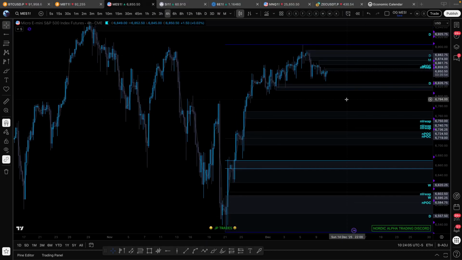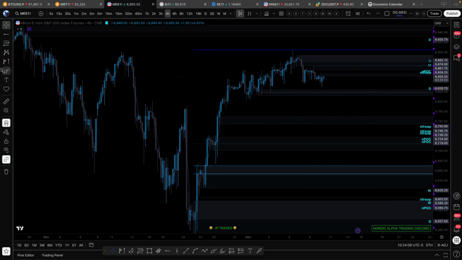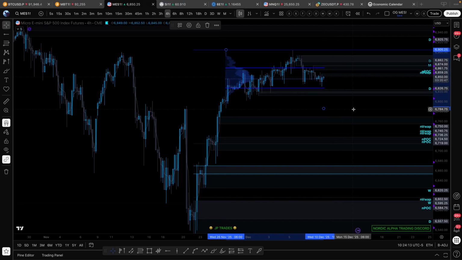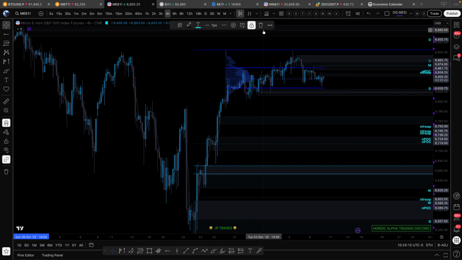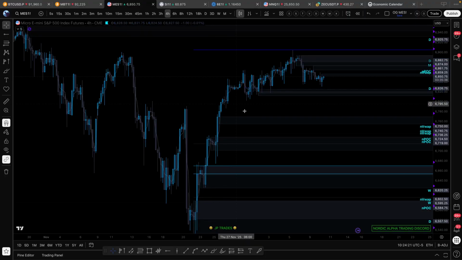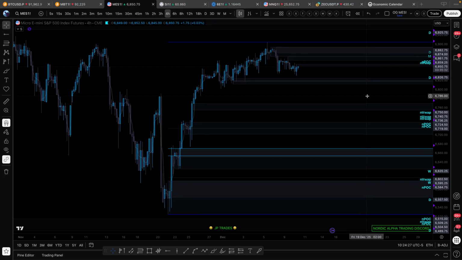So, with that said, actually, let's do one more pull here. Yeah, all of these levels look really good, to be honest with you. Every single one of these levels to the downside, I would play every single one of these.